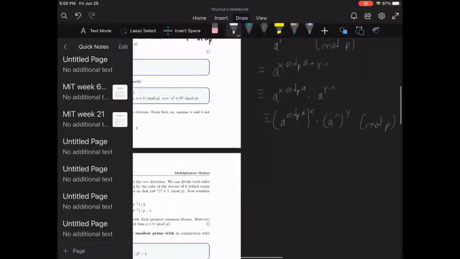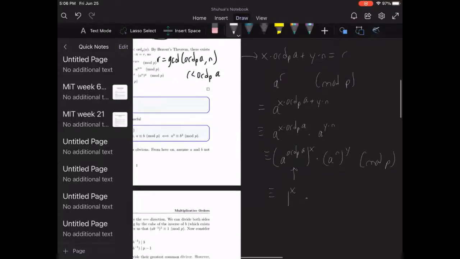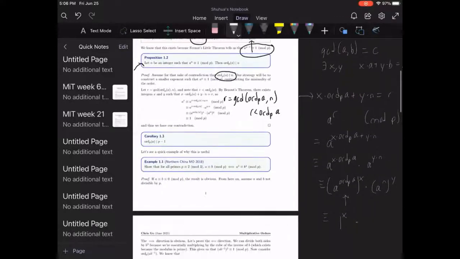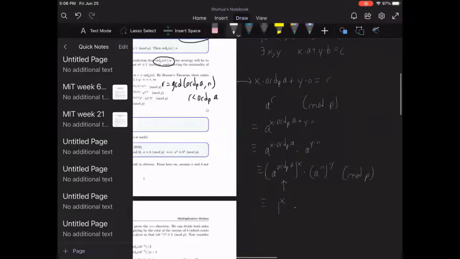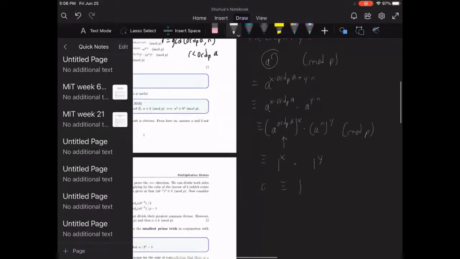Now we note that this term looks familiar. We defined order mod p of a as the smallest number such that a to the power of the order is congruent to 1. So this is congruent to 1 to the power of something. Also, we said in our problem statement that a to the n is congruent to 1 mod p, so this is also congruent to 1. That means this whole thing, a to the r, is congruent to 1 mod p.